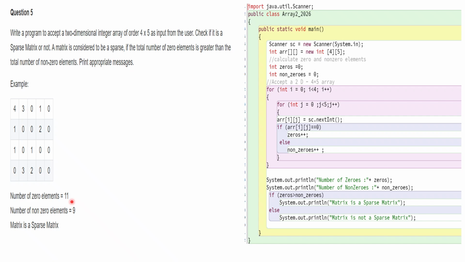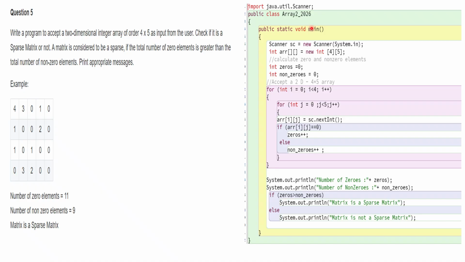So just try to understand the program which I have written. Import java.util.Scanner. This is the array second program. First program is already written for single dimensional array, so I just gave the name as Array_2.